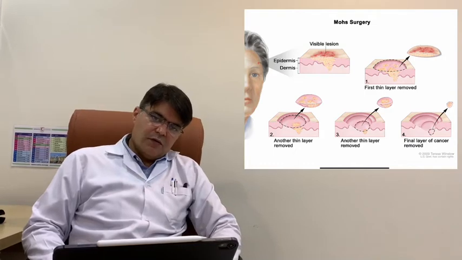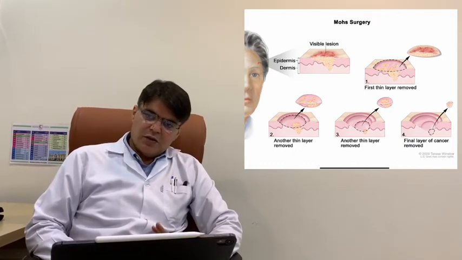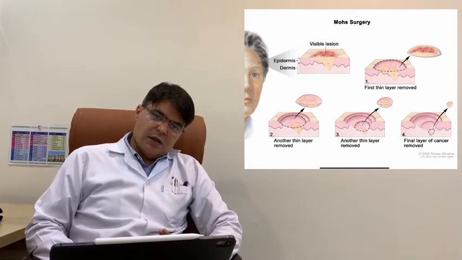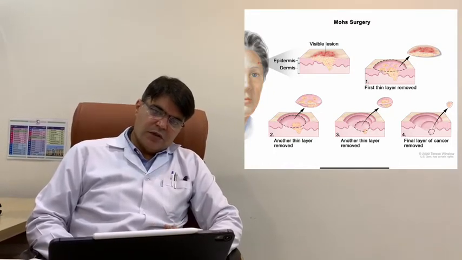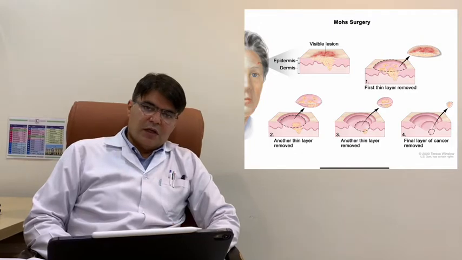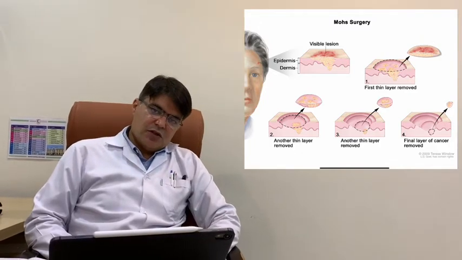So if the pathologists tell us that the tissue is no more involved with the tumor, then we can stop the excision and close the wound. There are some non-surgical options also.